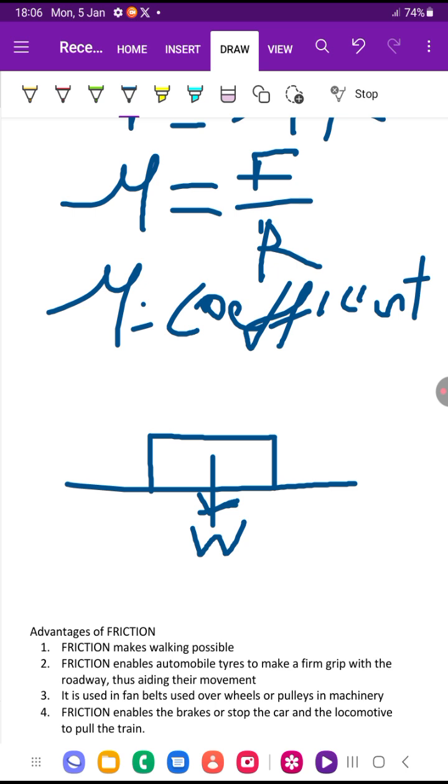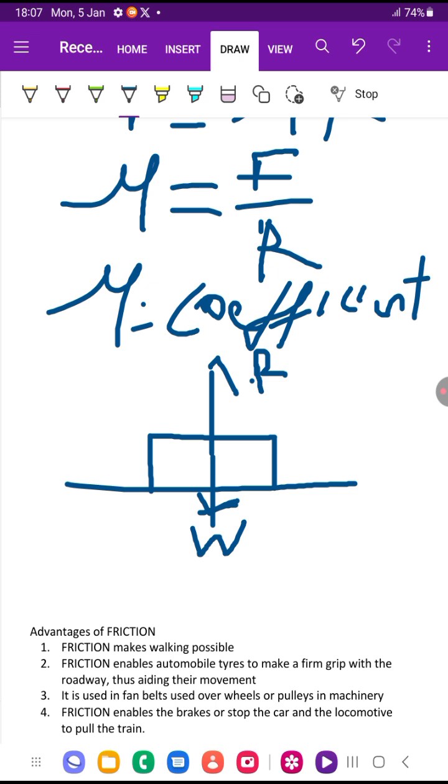And then, according to Newton's third law of motion, which states that for every action there is an equal and opposite reaction, there is a force that acts opposite to the weight, and that force is called the normal reaction, R.